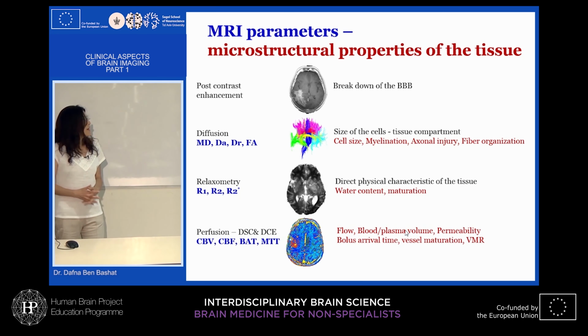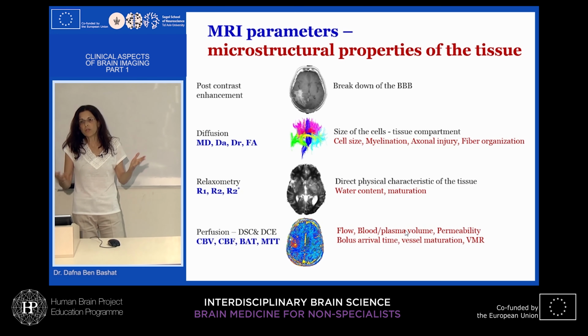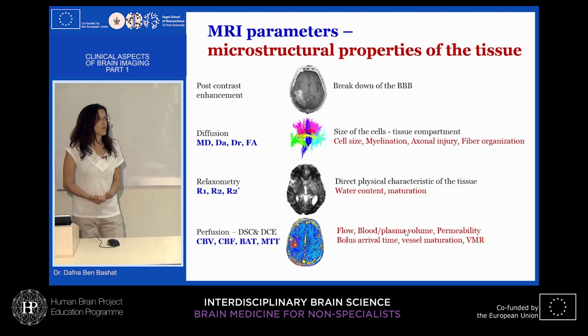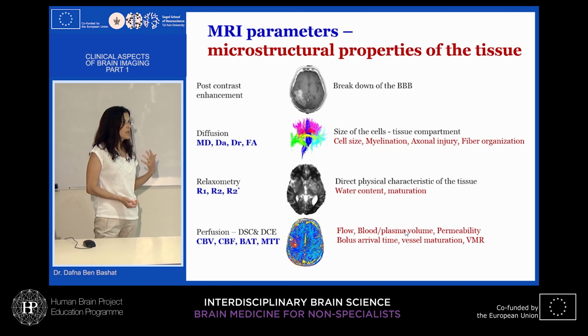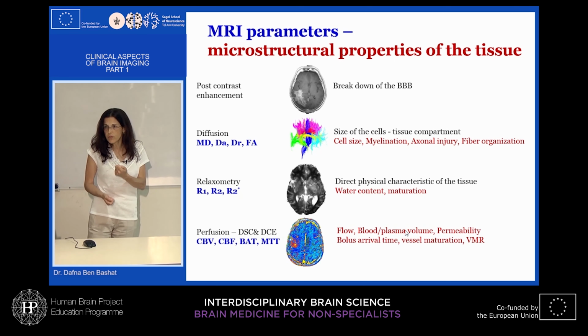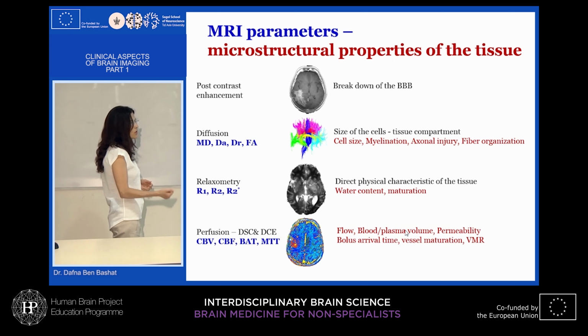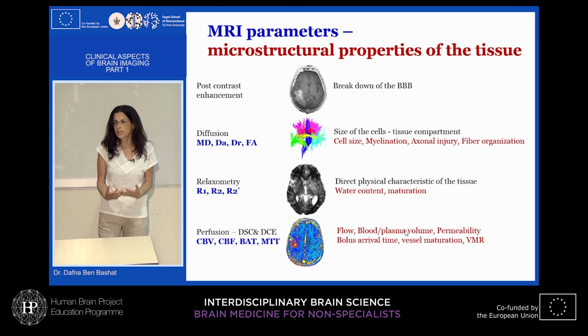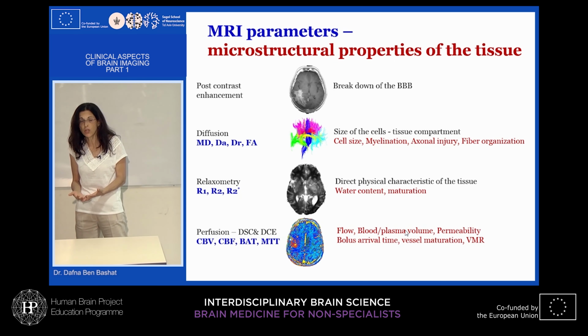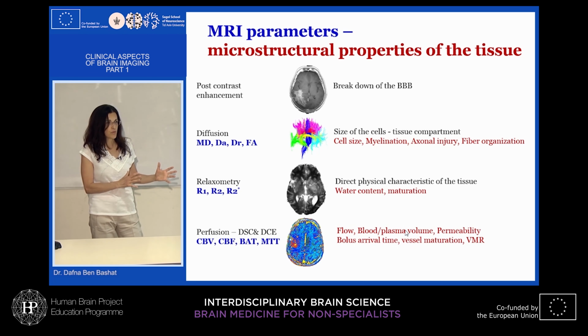So I said that the most important thing is not just to image the brain. We do want to get information and to learn indirectly about the microstructure of the tissue. And this is vice versa, because when we have a patient and we know what the question is and what the differential diagnosis is for this patient, according to this we can tailor the protocol.